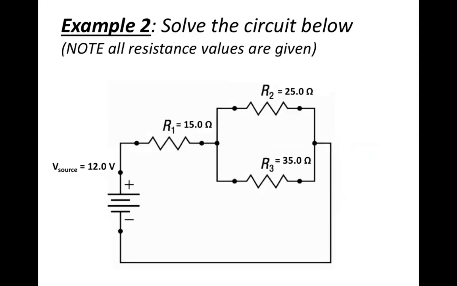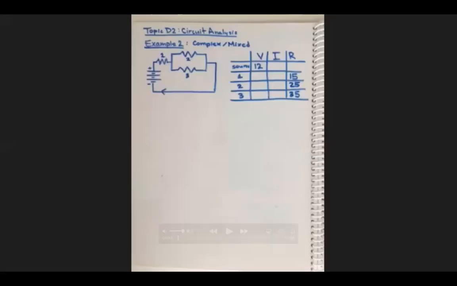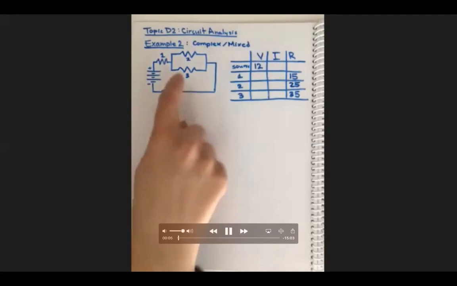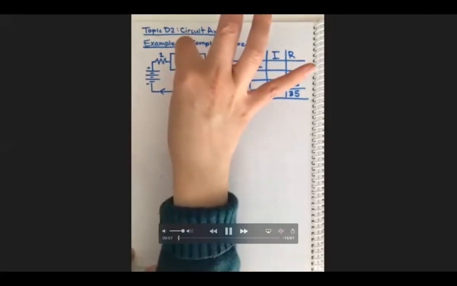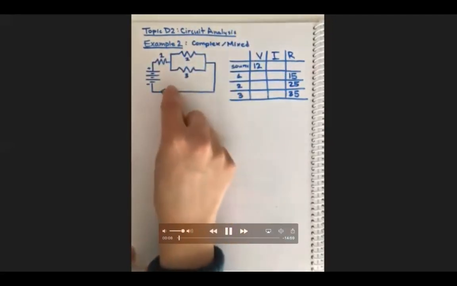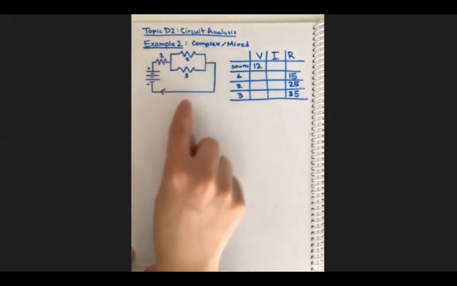So we're going to go on to a complex mixed circuit. This circuit is mixed because we have a parallel connection within a series connection, and that makes it a mixed circuit.